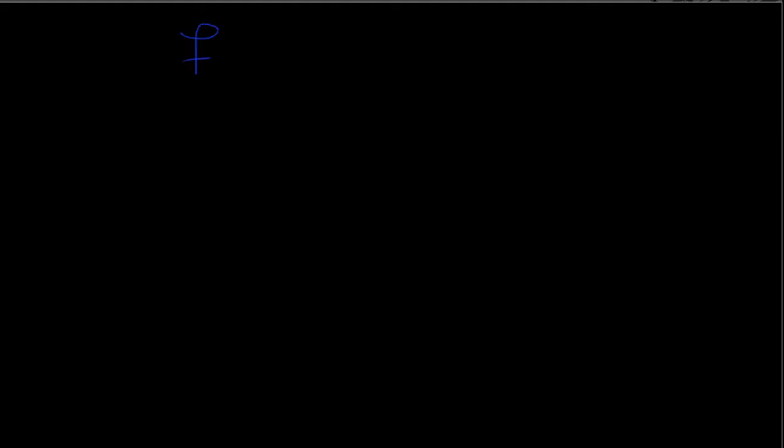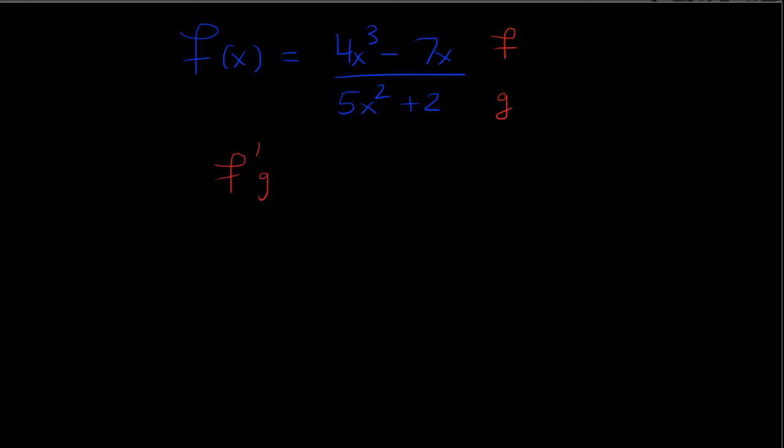Next, I'm given f of x is equal to 4x cubed minus 7x all over 5x squared plus 2. f is going to be 4x cubed minus 7x. g is going to be 5x squared plus 2. So I want f prime g minus g prime f over g squared.